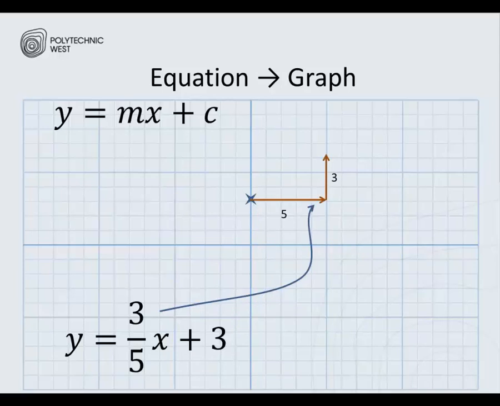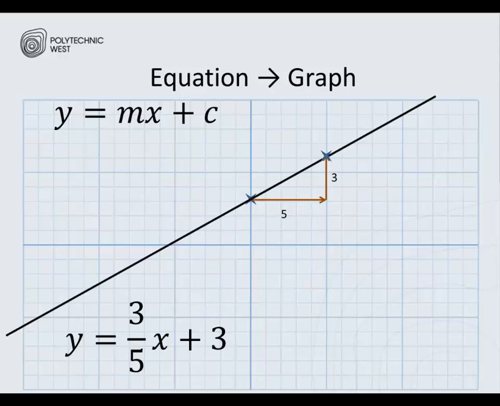So I go across by 5, I go up by 3, and I've got another point. Now obviously if that was a whole number rather than a fraction, then I would go up by the whole number and along by 1, because any whole number is still a fraction divided by 1. So there's 2 points, and I can draw a line. There, job done.